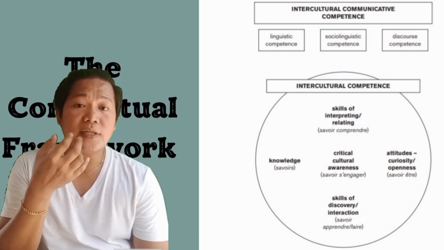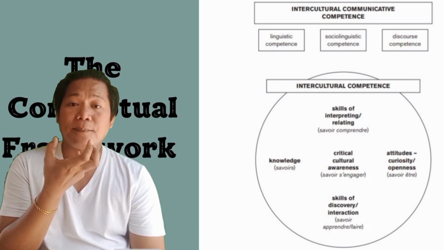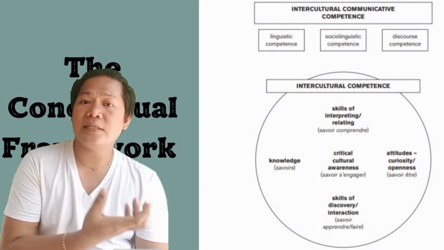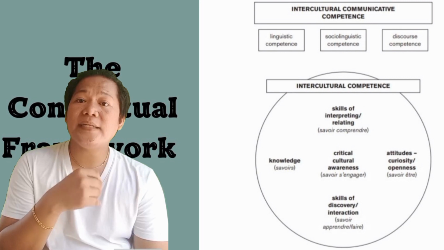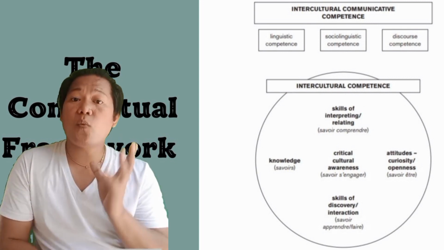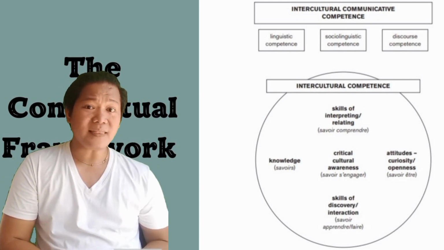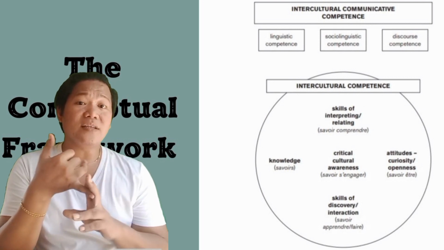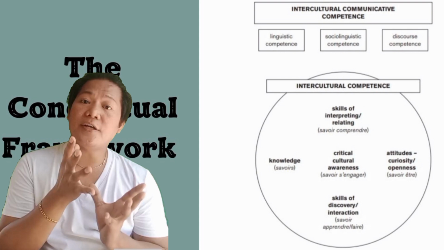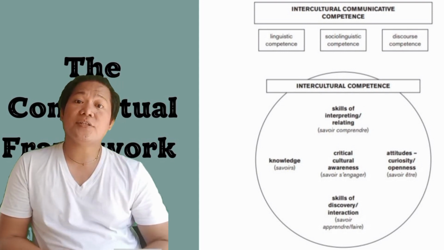We have intercultural attitudes, or the savoir-être: curiosity and openness, readiness to suspend disbelief about other cultures and beliefs about one's own. The second is knowledge, or the savoir: knowledge of social groups and their products and practices in one's own and in one's interlocutor's country.